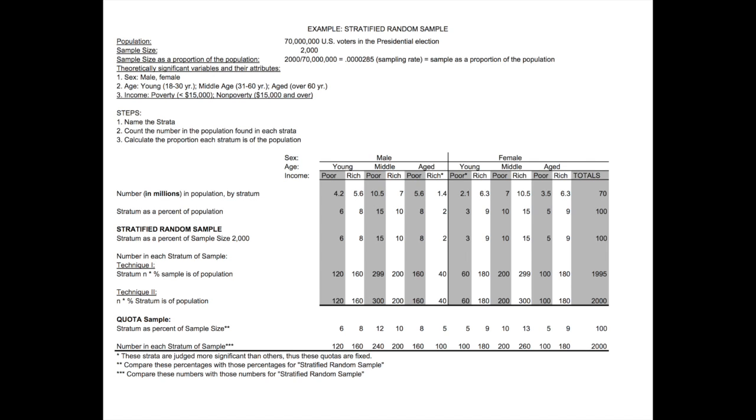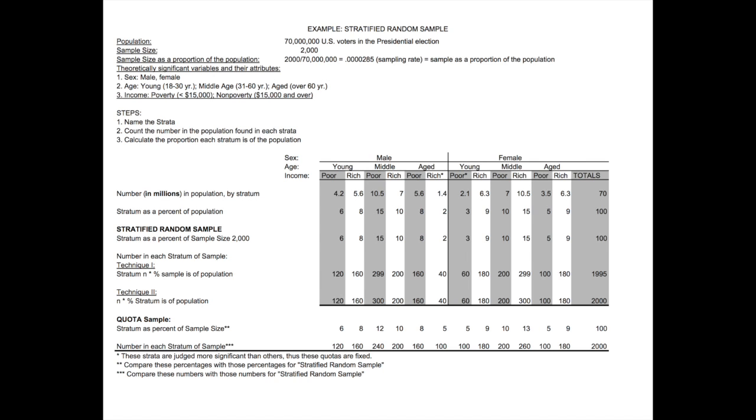We multiply the number of attributes, 2 times 3 times 2, that's 12. We multiply that by our constant of 100, which gives us 120. So the minimum sample size, given those variables and attributes, would be 120.